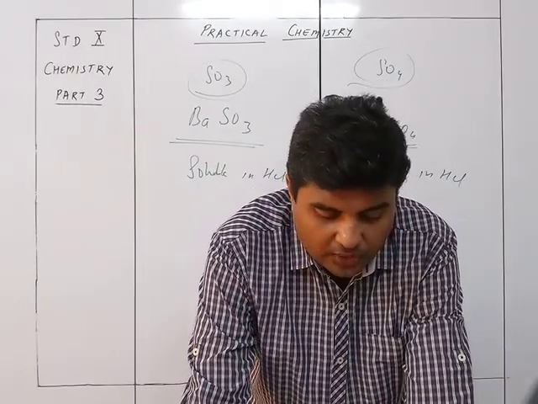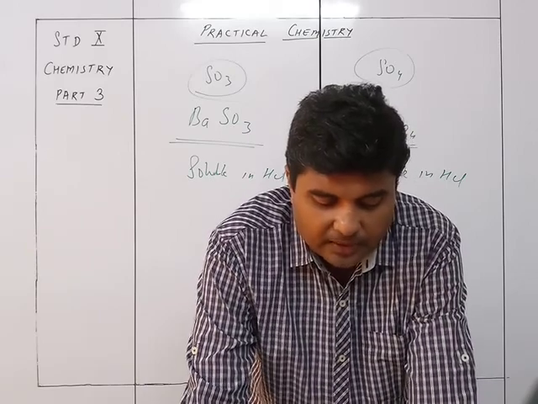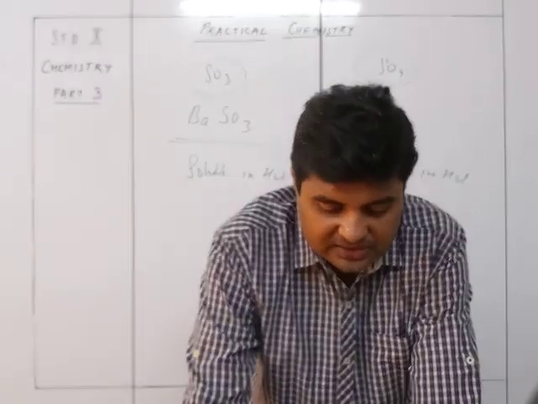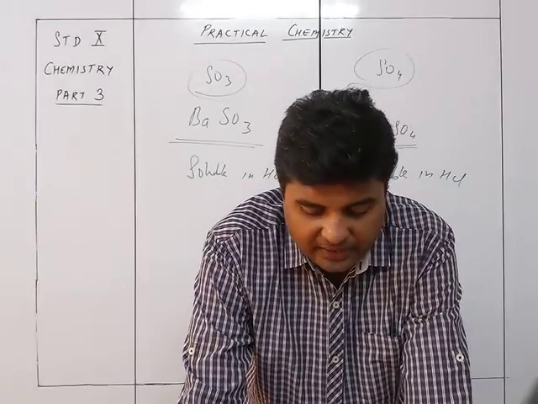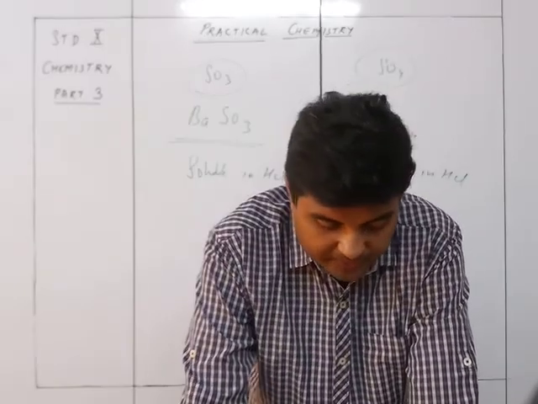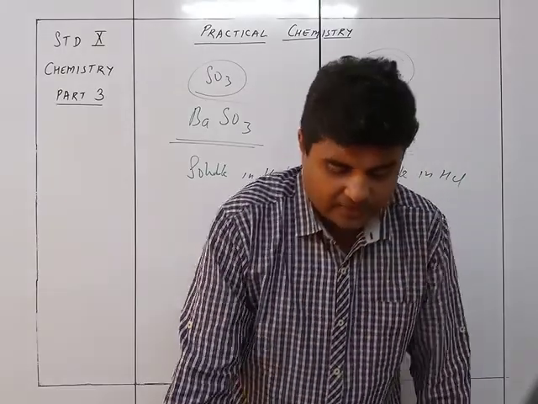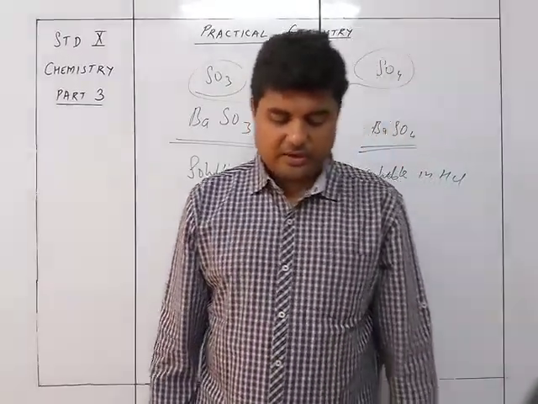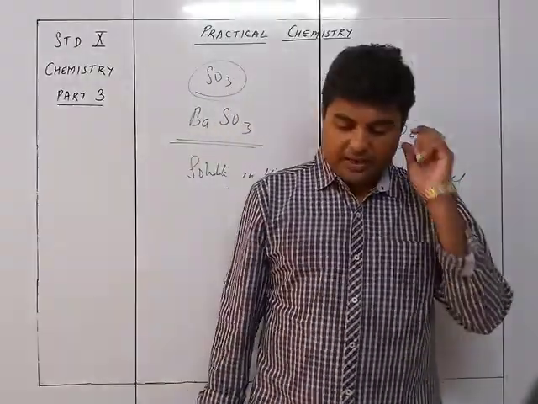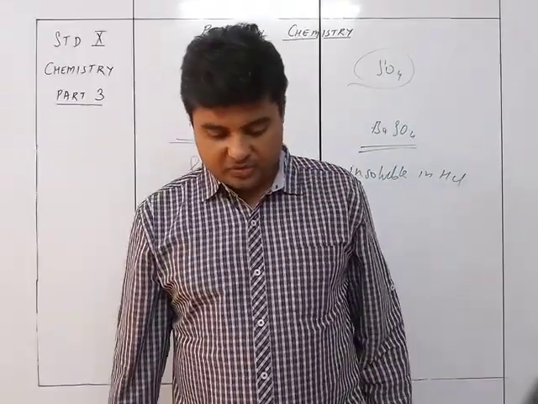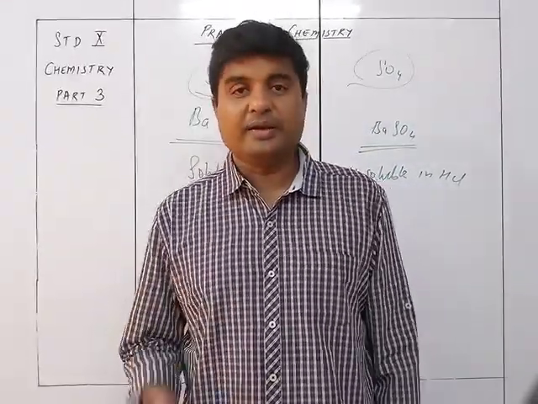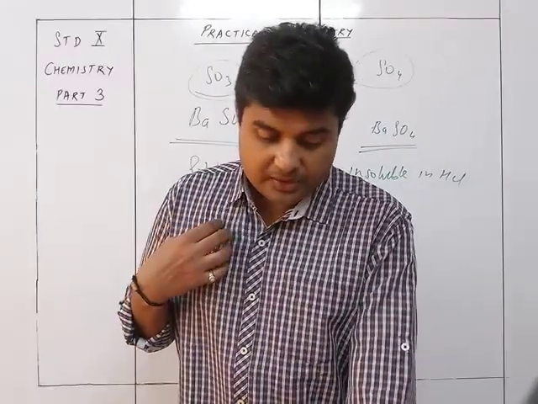Sulfides will give you a change over here: the pink colored paper turned colorless, the orange colored paper turned green, and it is giving you a white precipitate. For sulfates, we can see the white precipitate is insoluble in HCl, and in HNO3 it is also insoluble, whereas it was soluble in case of sulfides.